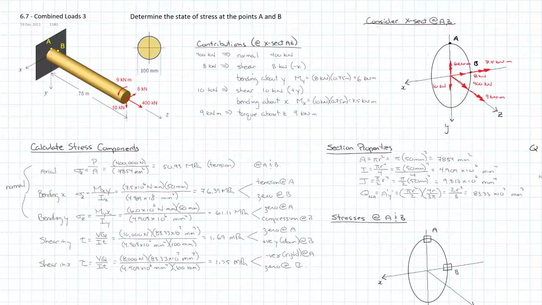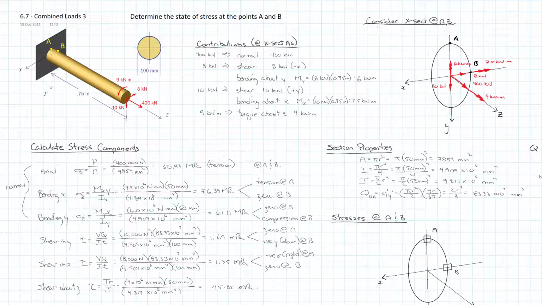And so finally, the last shear stress is shear stress due to torsion, about Z, and so that shear stress is equal to TR over J. Our torque is 9 kilonewton meters, or 9 times 10 to the 6 newton millimeters, times our radius, which was 50 millimeters, and our polar moment of inertia on the bottom, 9.817 times 10 to the 6 millimeters to the fourth, and that gives us a shear stress of 45.85 megapascals.